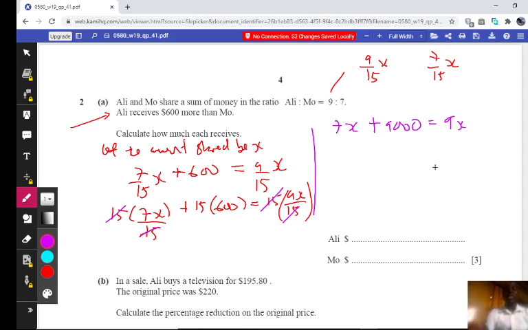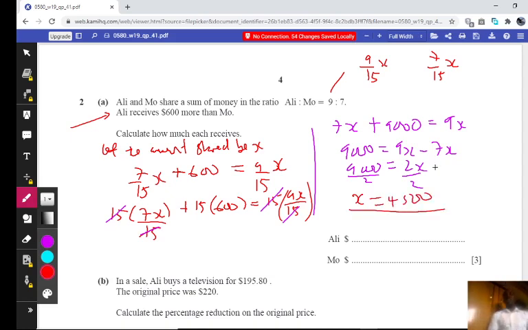Then collect like terms and simplify: 9,000 is equal to 9x minus 7x, so 9,000 is equal to 2x. Divide by 2 both sides, and you get x is equal to 4,500. So 4,500 is the total amount that they shared.